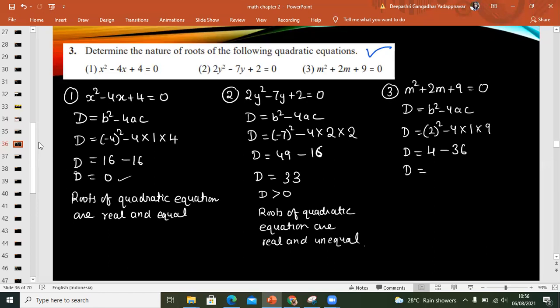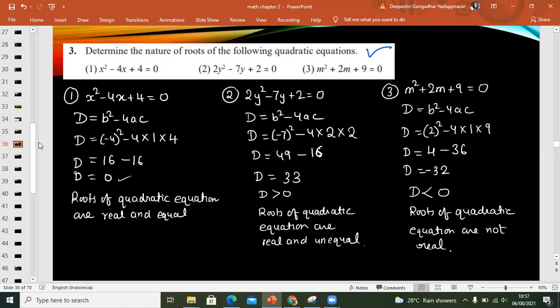D equals 4 minus 36, that is 32, with a negative sign, because the bigger number is having a negative sign. So here you will see that D value is less than 0. Less than 0 means all the negative values will come under this condition. So we can write the nature of the quadratic equation as roots of quadratic equation are not real.